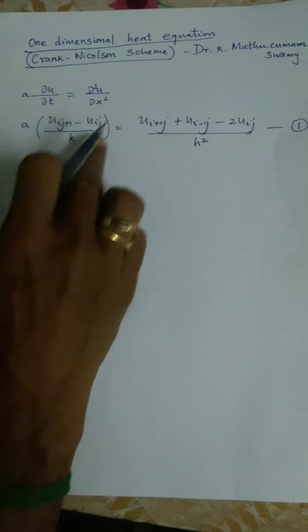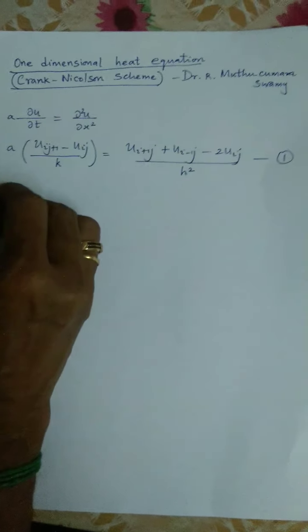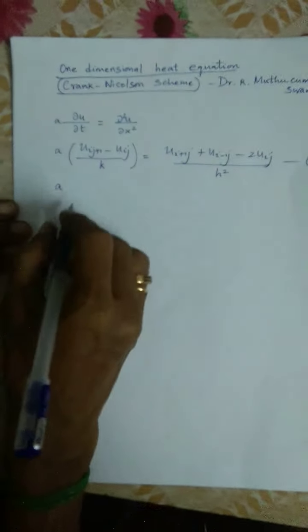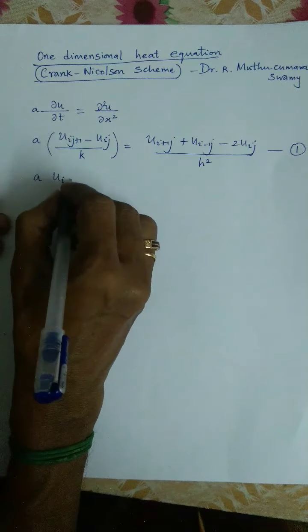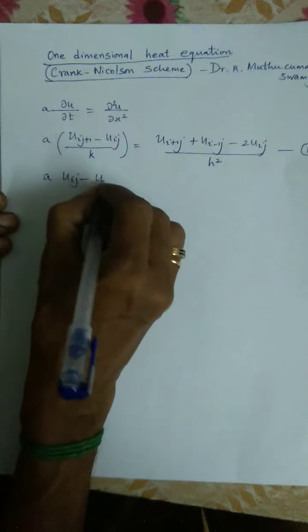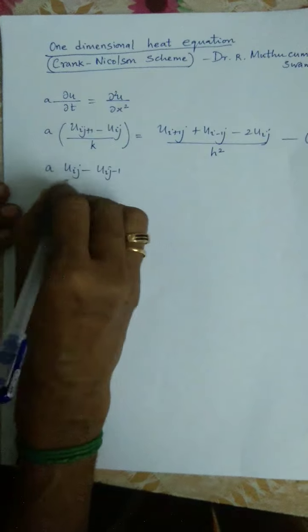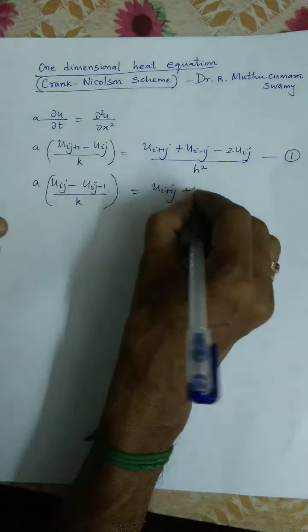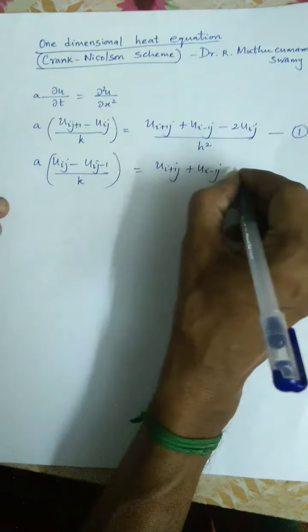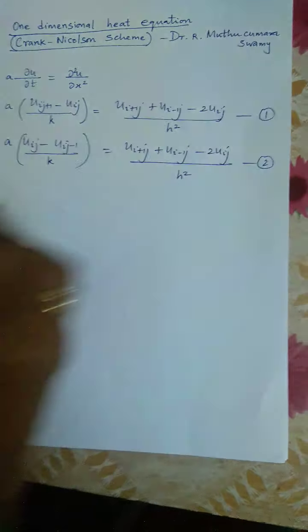Instead of this forward formula, we'll take a backward formula for ∂U/∂T. So (U_ij − U_i,j−1) divided by k equals the same right hand side as it is. It will be equation 2.